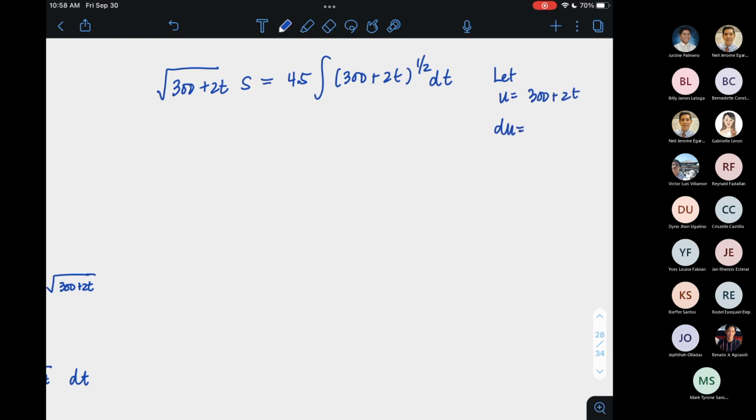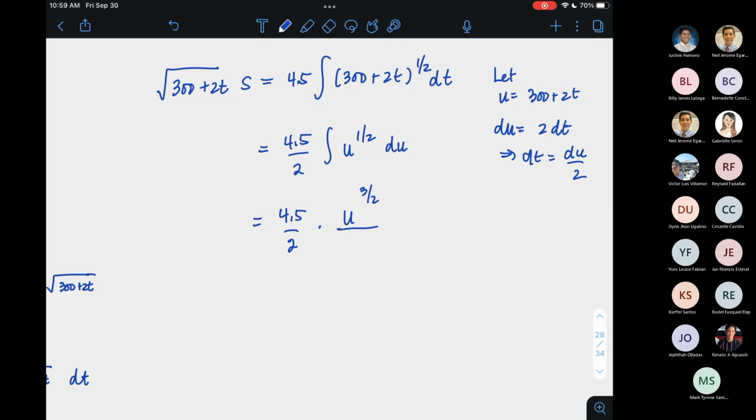So, du would be what? 2 dt. So, that means dt equals du over 2. So, ito ay magiging 4.5 over 2 times integral ng u to the 1/2 du, which is essentially 4.5 over 2 times u to the 3/2 over 3/2 plus an arbitrary constant c.